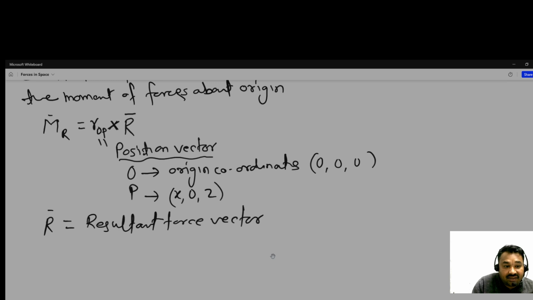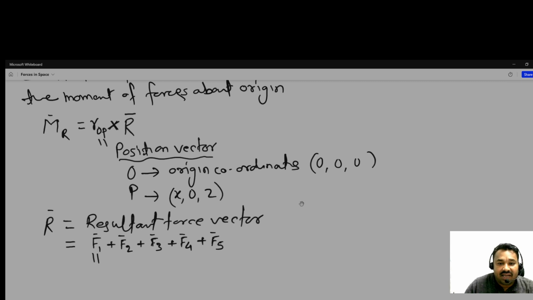And it is equal to, how many forces are there? 5 forces are there: F1, F2, F3 plus F4 plus F5 in vector form. Okay, then what is F1?